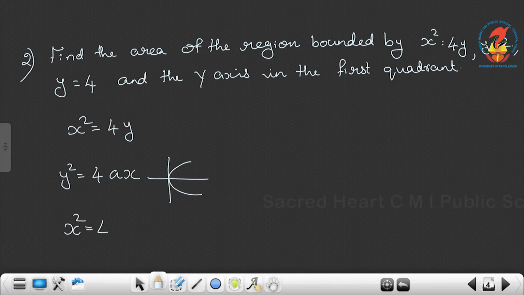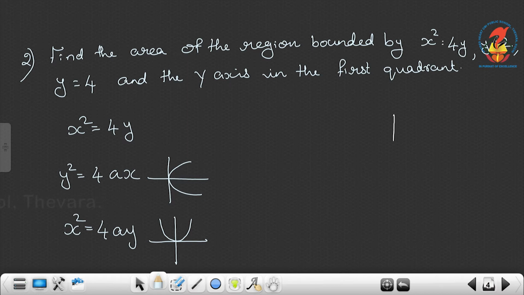Then x square equal to 4ay is this type of parabola. Here instead of 4a we have 4 itself, and the shape is also a parabola, an upward open parabola.